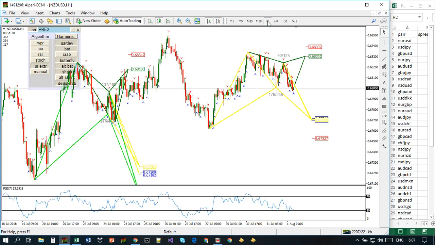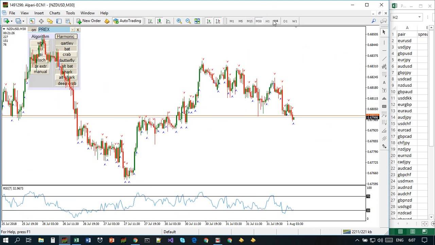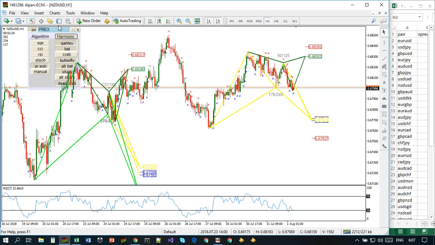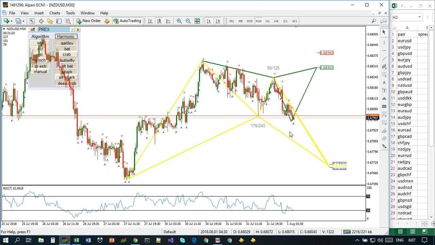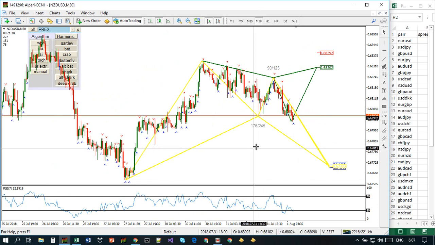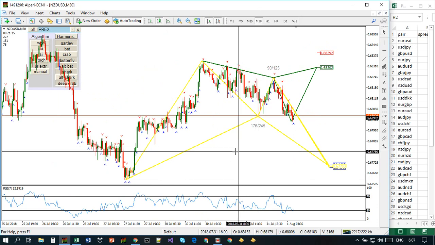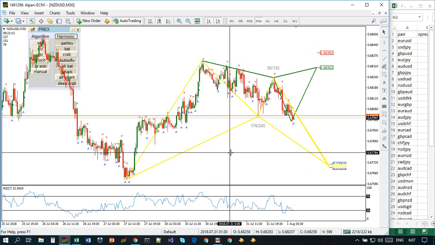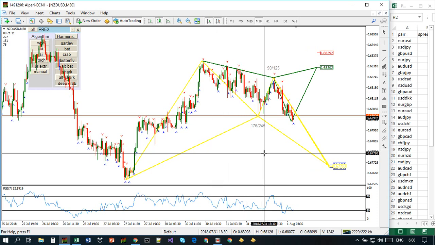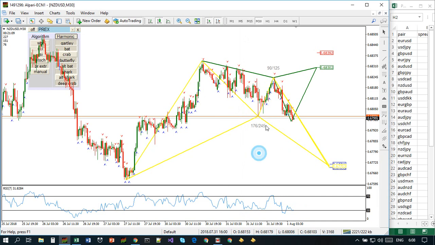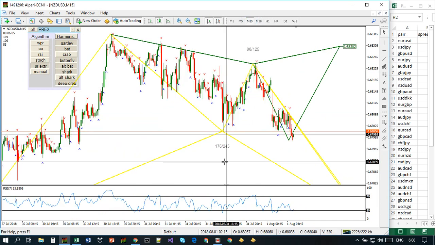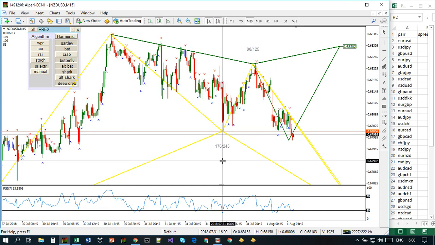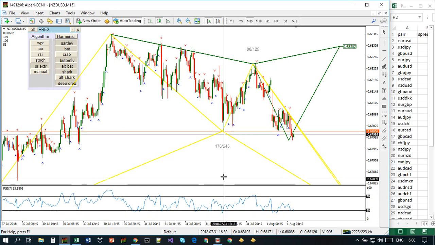The pattern disappeared because it was recalculated. You see what I will do, I will switch that off, and now the pattern stays. Well, it wasn't oversold yet. Need to switch to 15 minute. Now we have it. So you see we have that oversold condition.